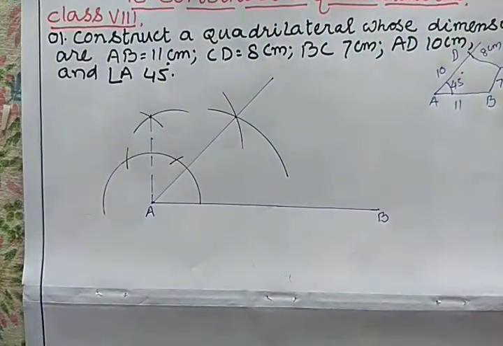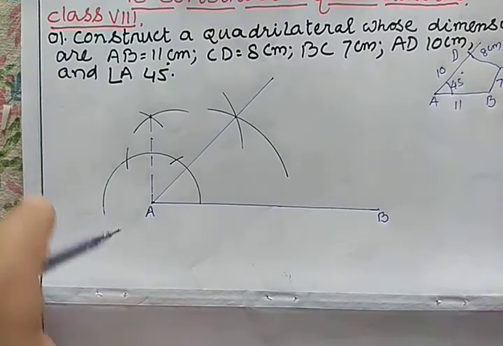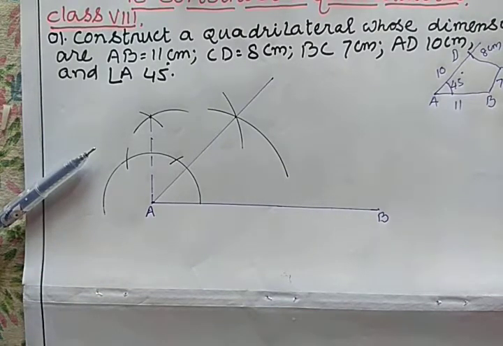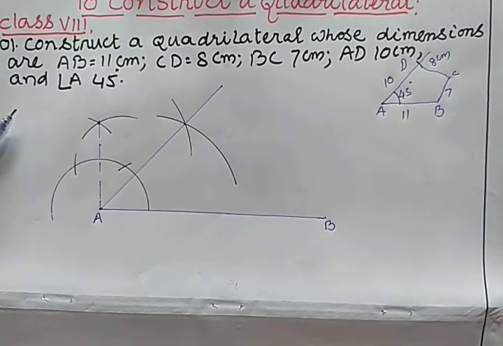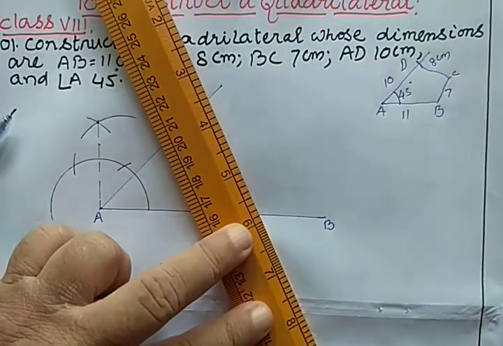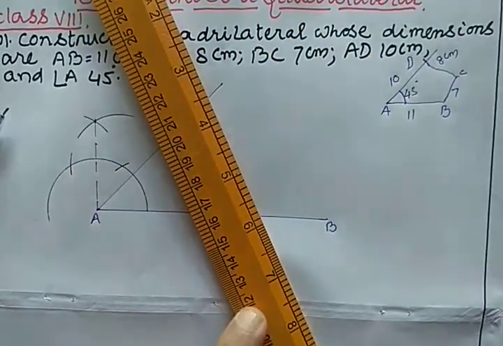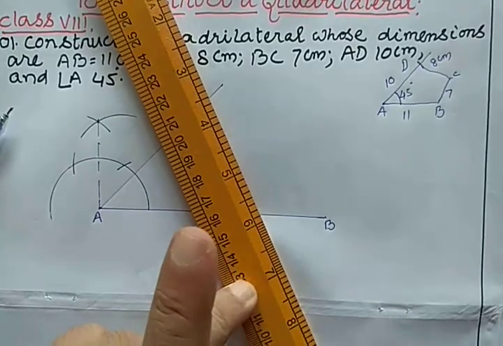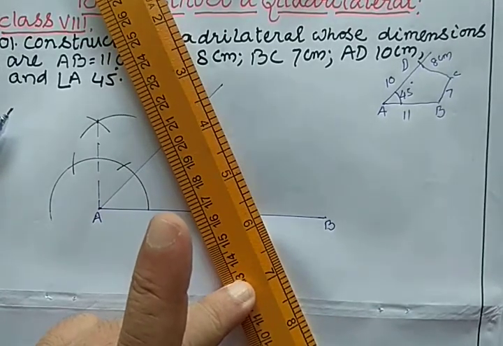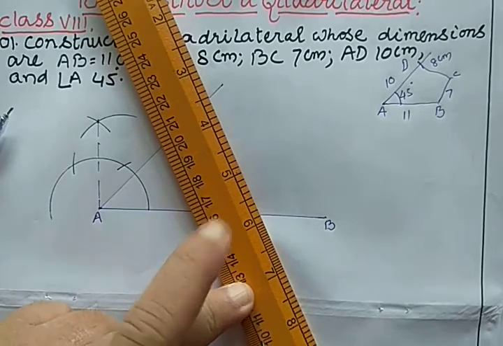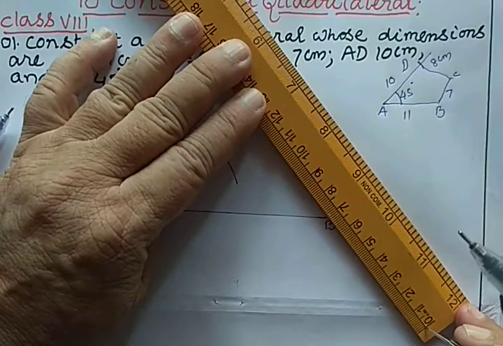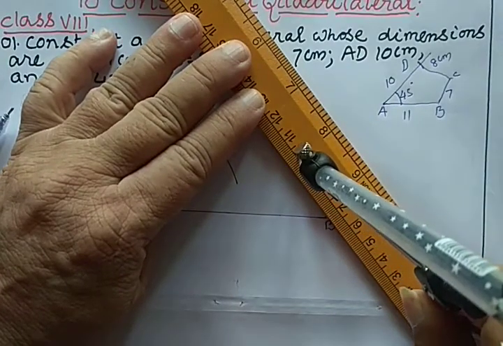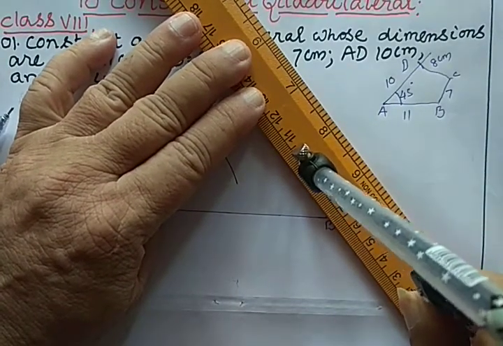What is the measurement of AD? AD is 10 centimeters. So from here I take 10 centimeters. Clear? I have taken one scale and like this I measured 10. Can you see this?